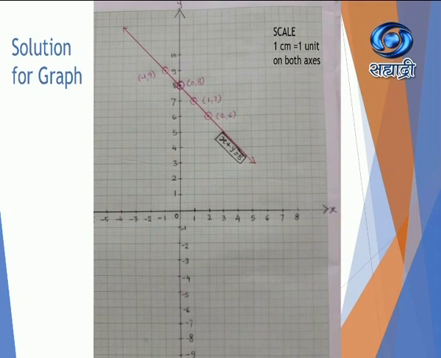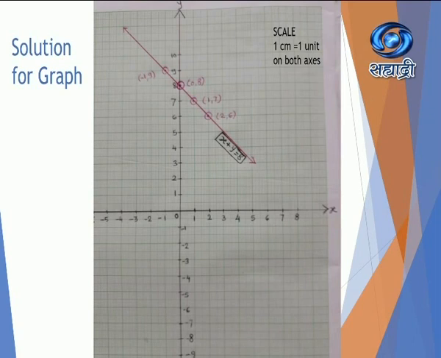Also be sure that you write the equation on the line itself, as I have written x plus y equal to 8. Also do not forget to show the scale on the side, that is 1 centimeter is equal to 1 unit on both the axes.